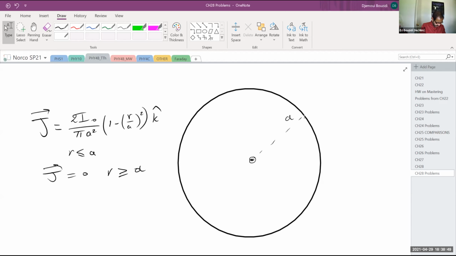For part A, obtain an expression to show that I naught is the total current passing through the wire in this cross section. So how am I going to do that?